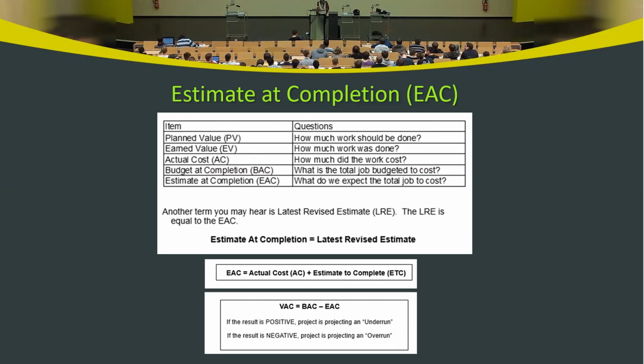You have already spent some money up to that point, which is AC, and the remaining portion of the project will spend money equal to ETC, estimate to complete, starting from the point of observation all the way to the end of the project. So in other words, EAC is equal to actual cost plus estimate to complete.